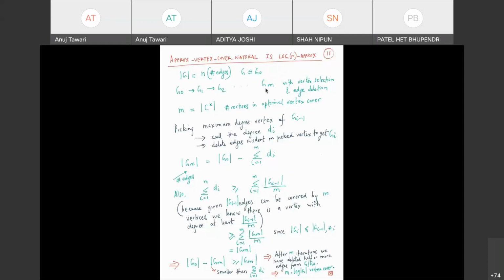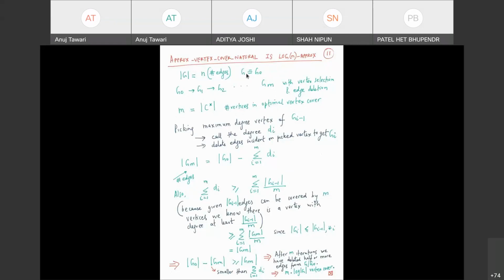So G_m, as we defined here, m is the total number of vertices in the optimal vertex cover. So this is the smallest size vertex cover, which is going to be m. And G_m is just, initially we started with this original graph.